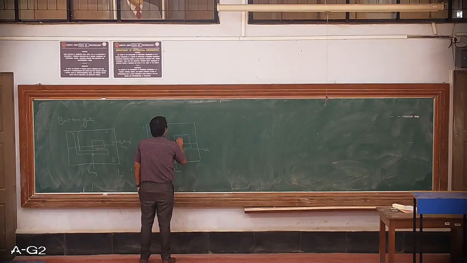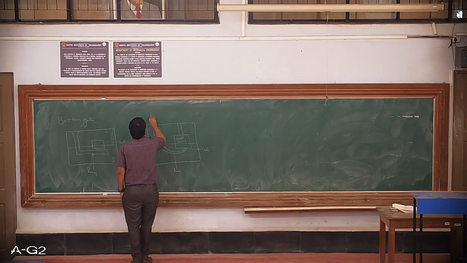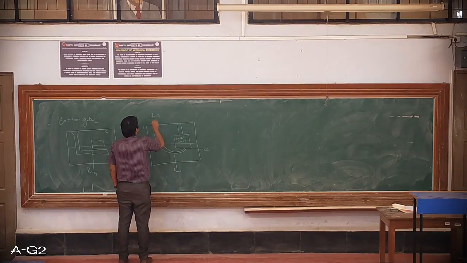Okay, this is the mold cavity. And here is the riser. This is called a horn gate. I'll explain this one by one.